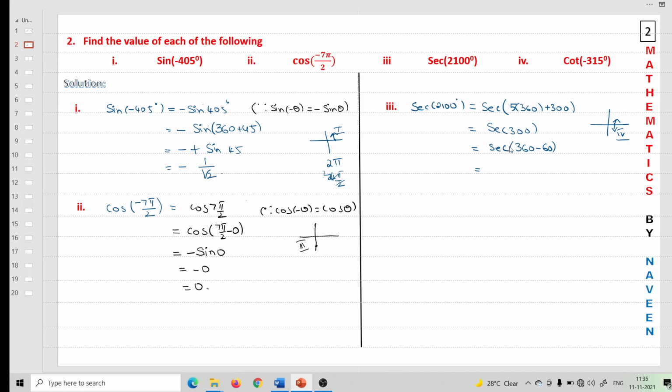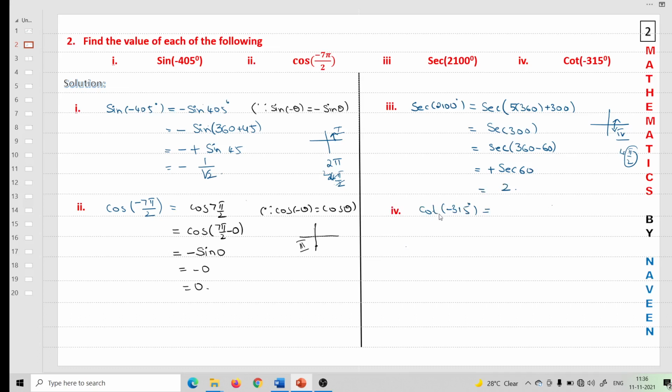In fourth quadrant, only cos and secant are positive. So secant values are positive. 360 means 2 pi, that is nothing but 4 pi by 2. Pi by 2 multiplied by 4, even number. There is no change in trigonometric ratio. Secant 60 simply. What is secant 60 value? It is 2 from the table.